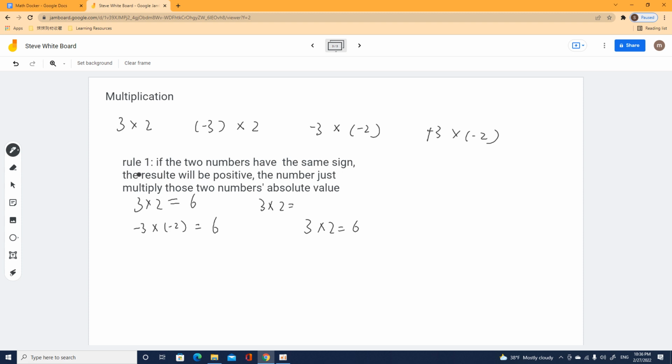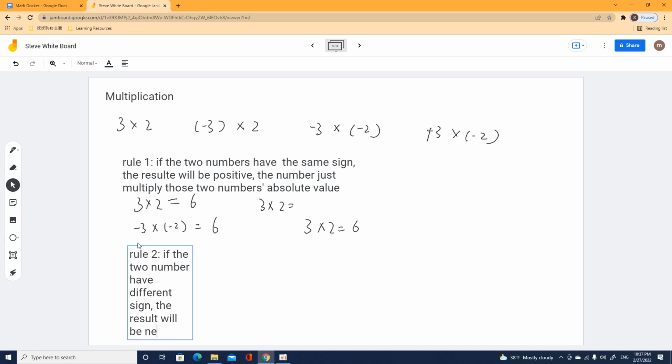Okay, the rule 2. If the two numbers have different signs, the result will be negative.